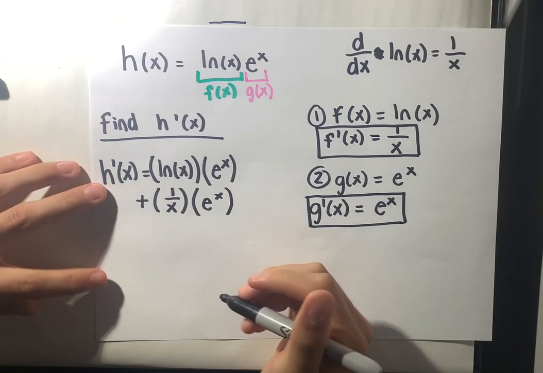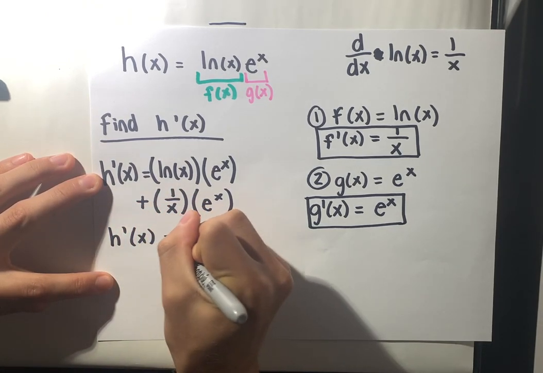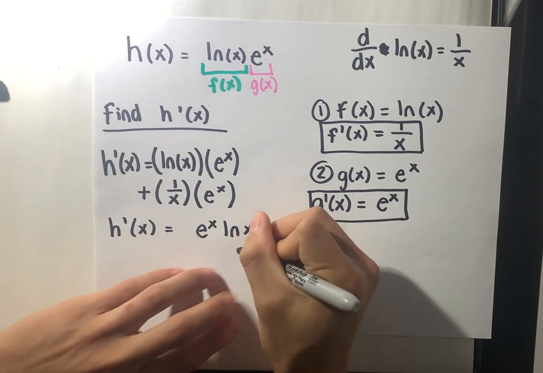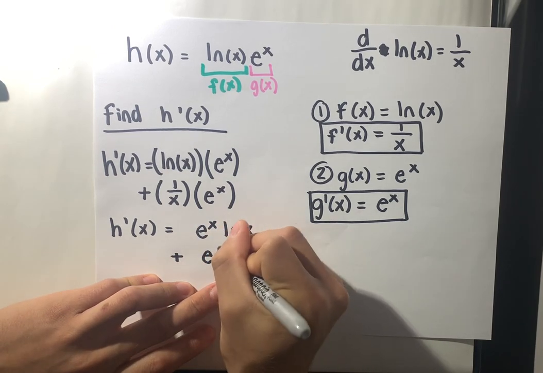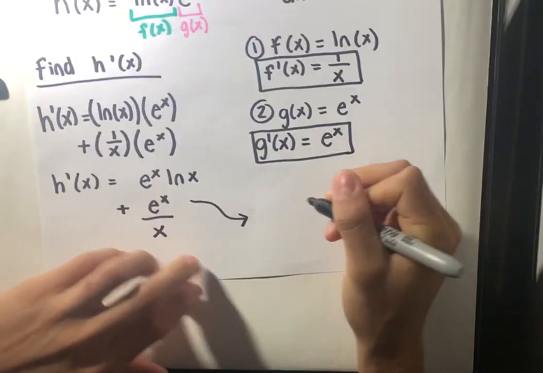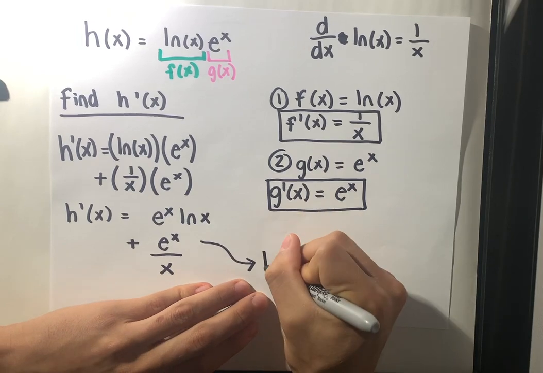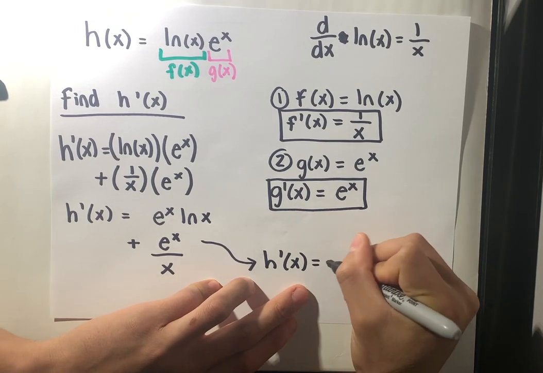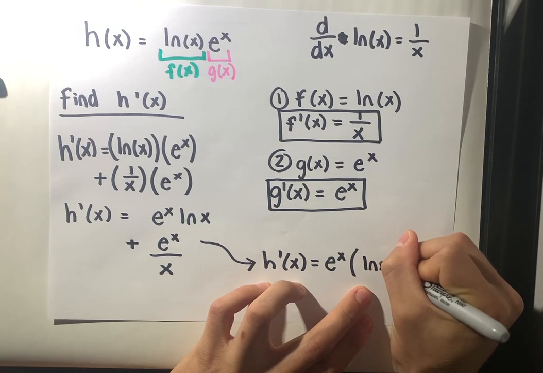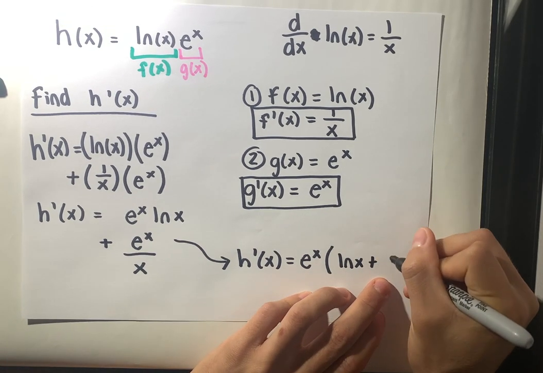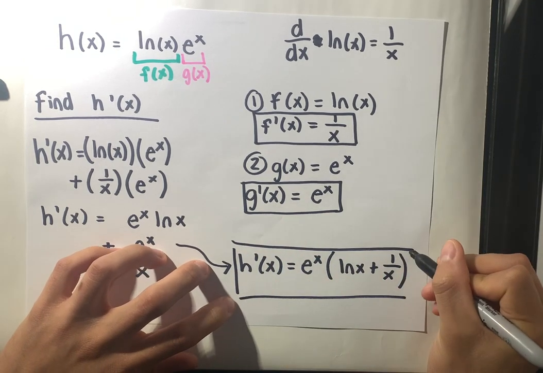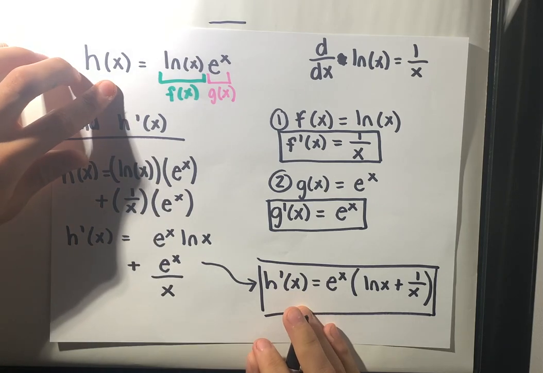Now I'll simplify this one for you, and you just get e to the x ln x. We're going to add that to e to the x over x, and sorry about that, it's a little messy, but you can further simplify that to e to the x, take that out, and we have inside the bracket, ln x plus 1 over x. And this would be our derivative of the function h at x.